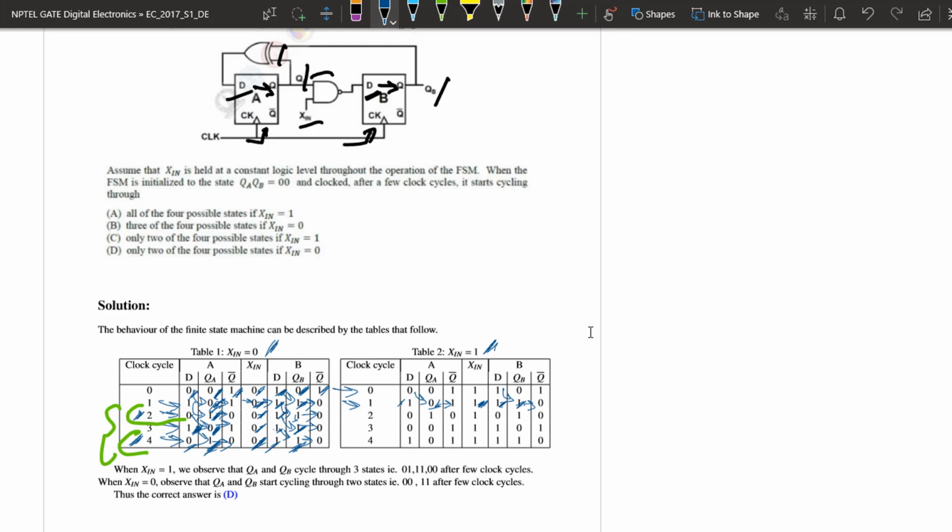DA is QA XORed with QB, which is 0 XORed with 1, that is 1.